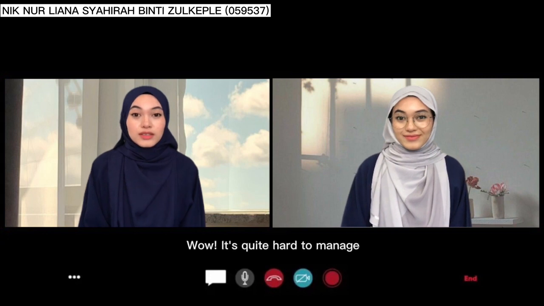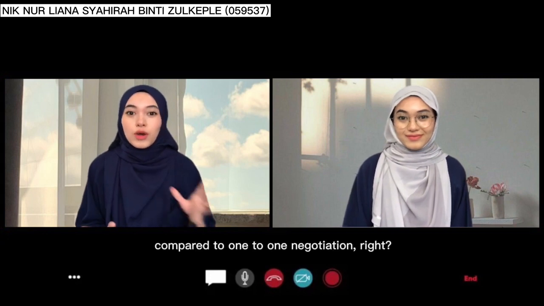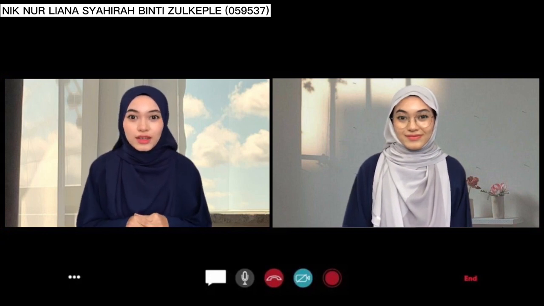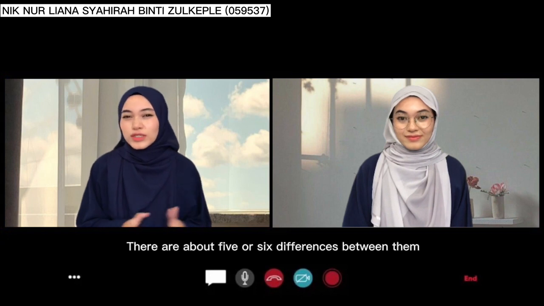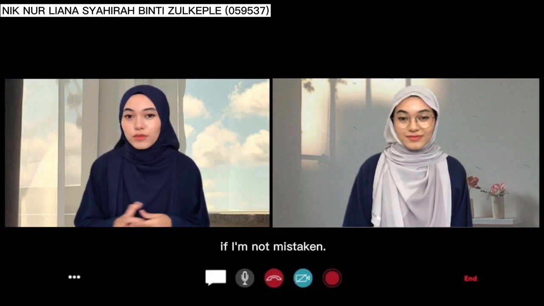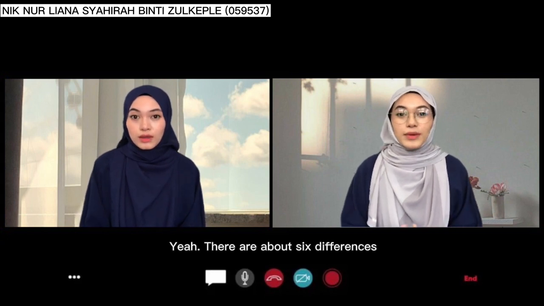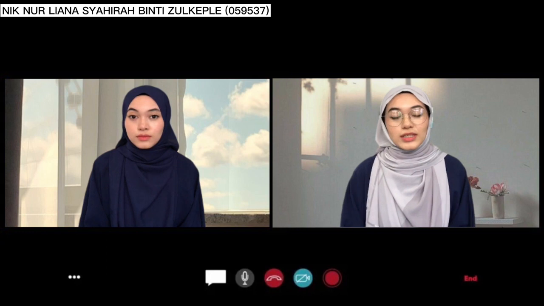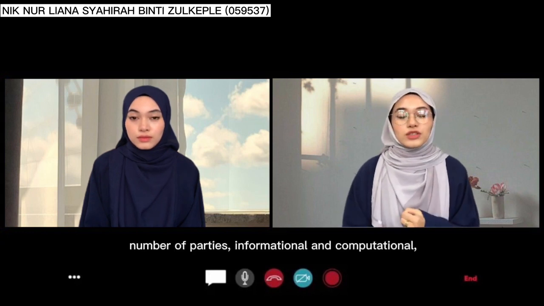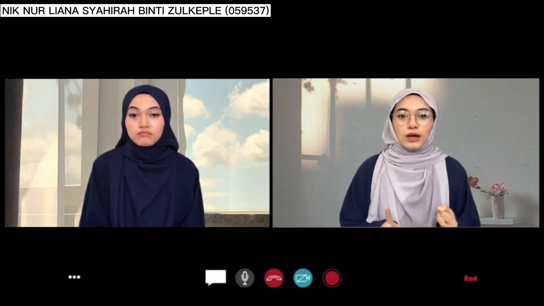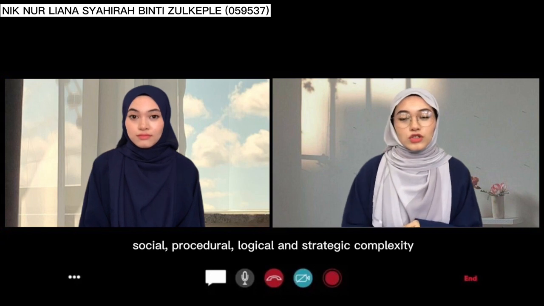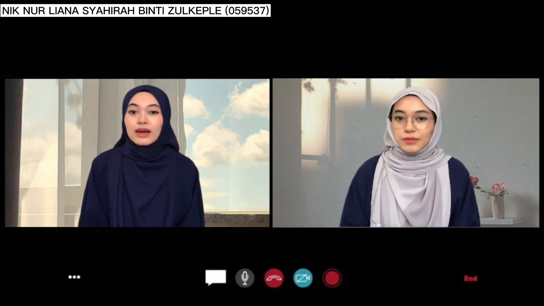Wow. It's quite hard to manage compared to one-to-one negotiation, right? There are about 5 or 6 differences between them, if I'm not mistaken. Yeah, there are about 6 differences: number of parties, informational and computational, social, procedural, logistical, and strategic complexity.